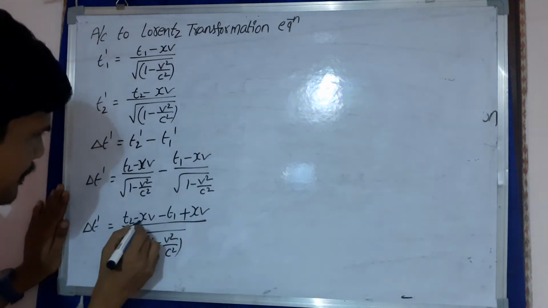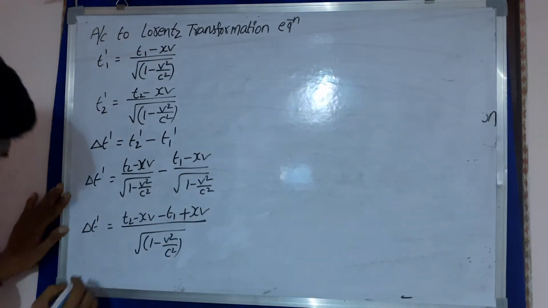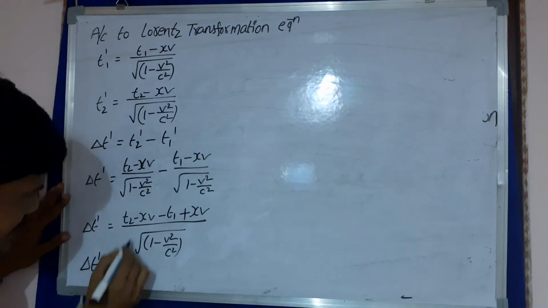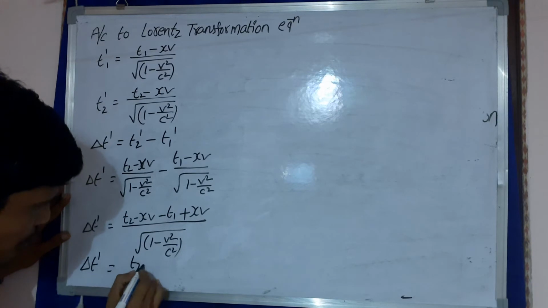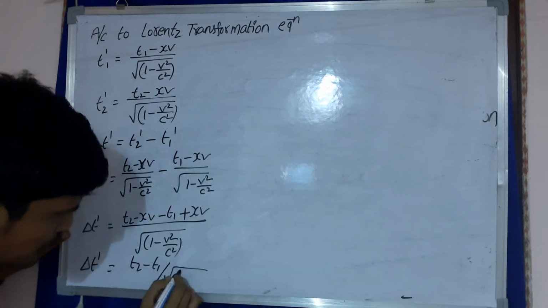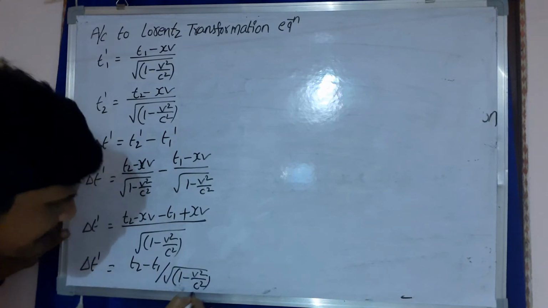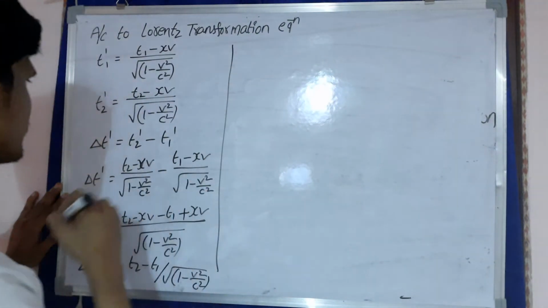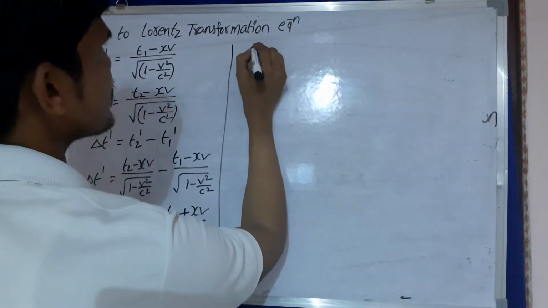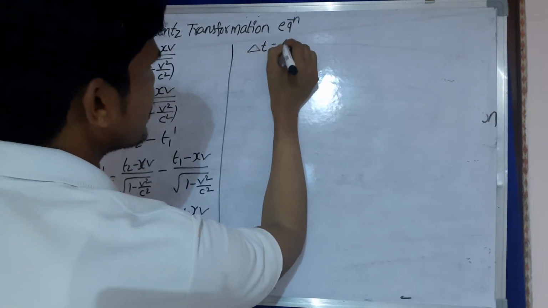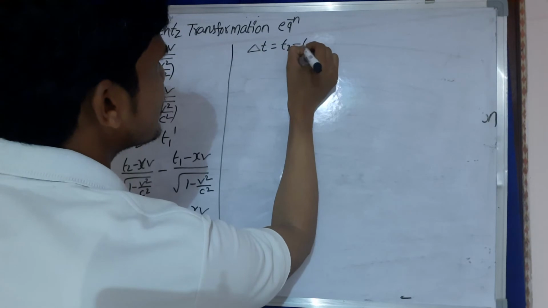So plus xv and minus xv cancel. The remaining equation is delta t dash equals t2 minus t1 by root over 1 minus v square by c square. The observer in frame S measures the interval of time delta t equal to t2 minus t1.